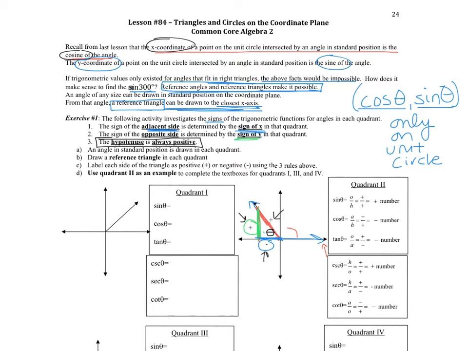We don't want to use x and y because that could get confused with the x that's here and the y that's here. So when I'm looking at the sine of theta, opposite over hypotenuse, it is a positive number over a positive number. So positive, positive. When I'm in quadrant 2, sine is a positive number.